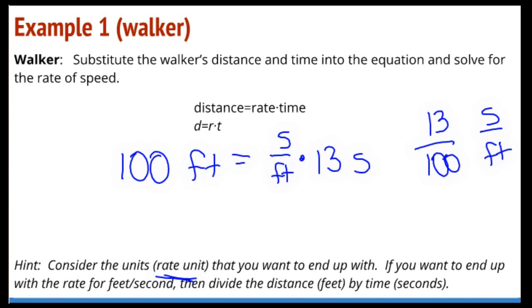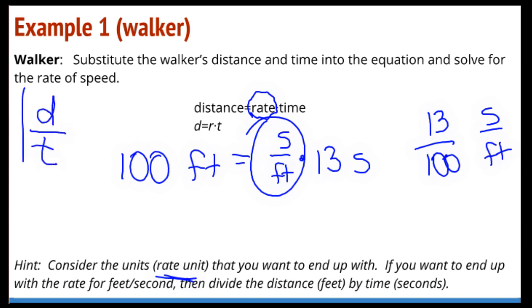And that sounds a little bit awkward, and we don't typically express speed this way. When we use units to talk about speed, to talk about this rate right here, we will usually have our distance divided by our time.